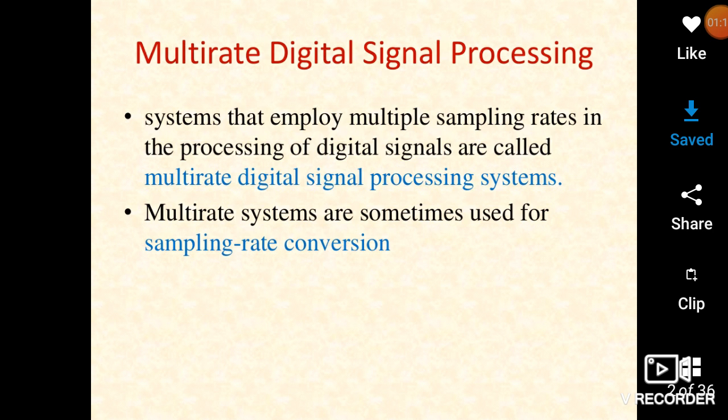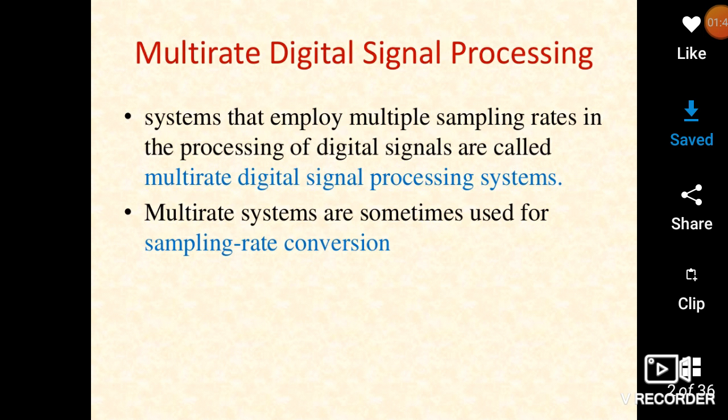It will have a sampling rate of 44.1 kilohertz, whereas an audio tape takes a sampling rate of 48 kilohertz. So in this one application we have many sampling rates. This type of system you can consider a multi-rate system.